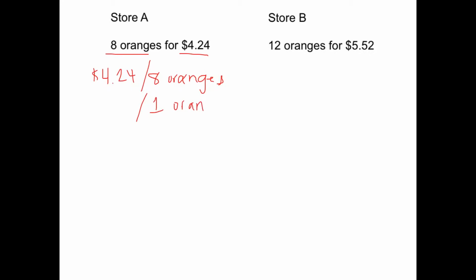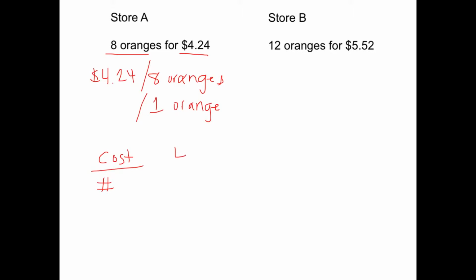Do you think that this number is going to be less than or greater than $4.24? Correct. It's going to be less because it costs less for one orange. What operation helps us to find a number that is lower than $4.24? Division. We're going to take the cost and divide it by the number of oranges.